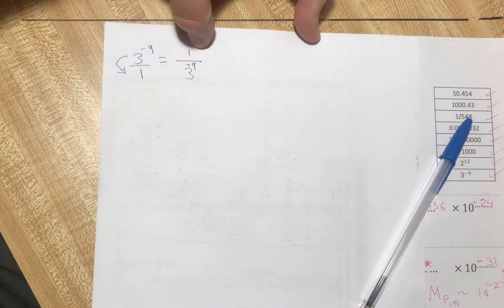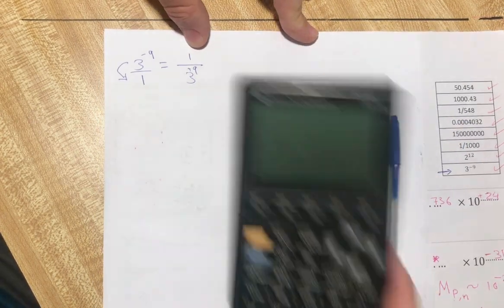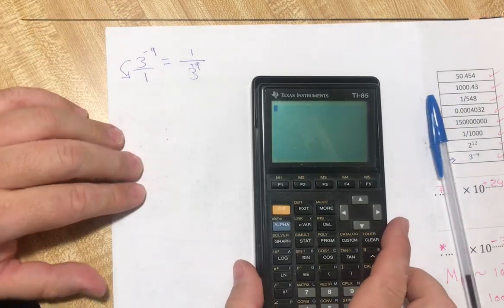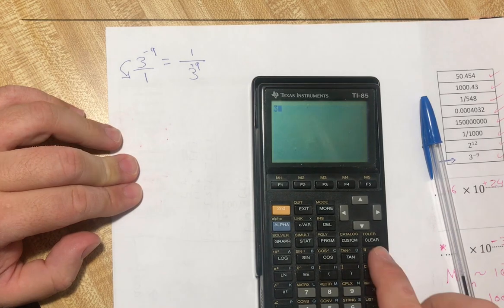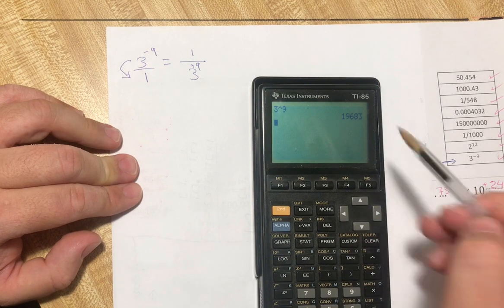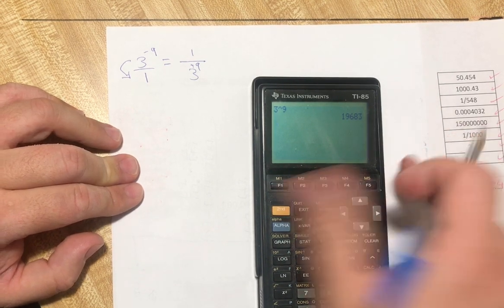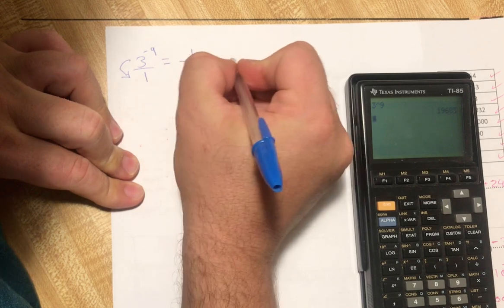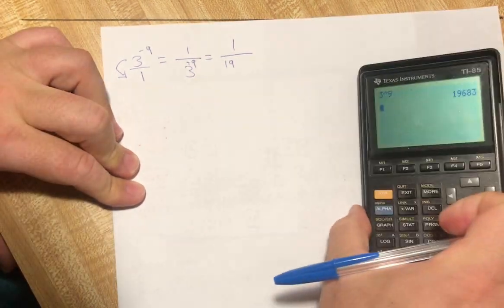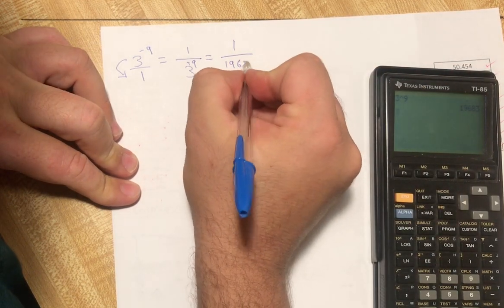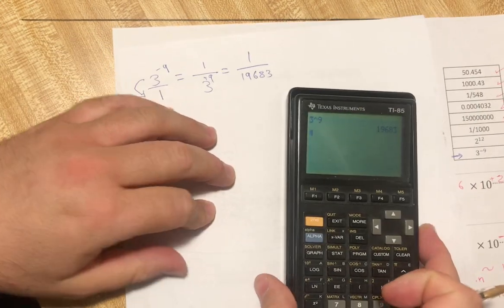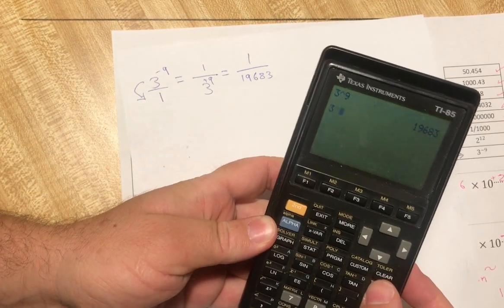Okay, I will use my calculator to find how much 3 to 9 is equal to. 19,683, so it is equal to 1 over 19,683. Okay. How much is 3 to minus 9?